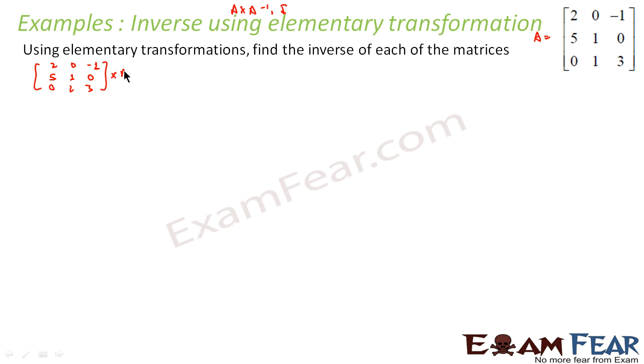This into A inverse is equal to I, and this time I will be a 3 cross 3 matrix. Why? Because everything is 3 cross 3.